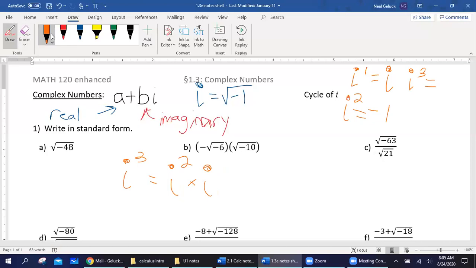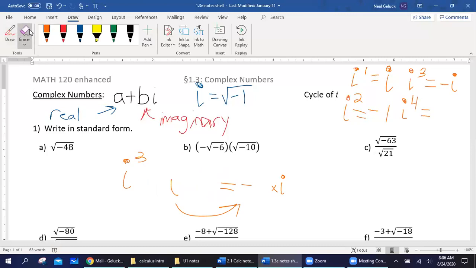But I just figured out that i squared is -1. So this would be -1 times i, which would be -i. i to the fourth is the really weird one.